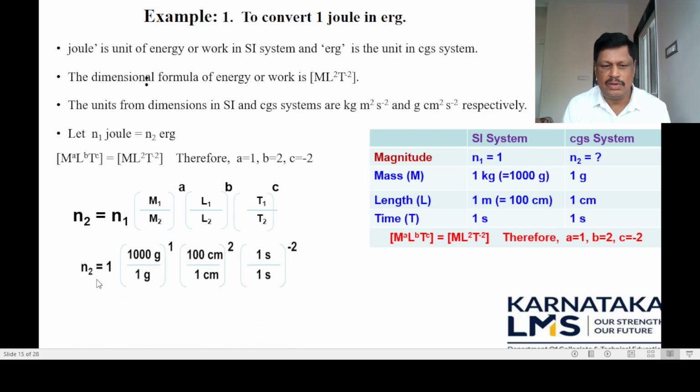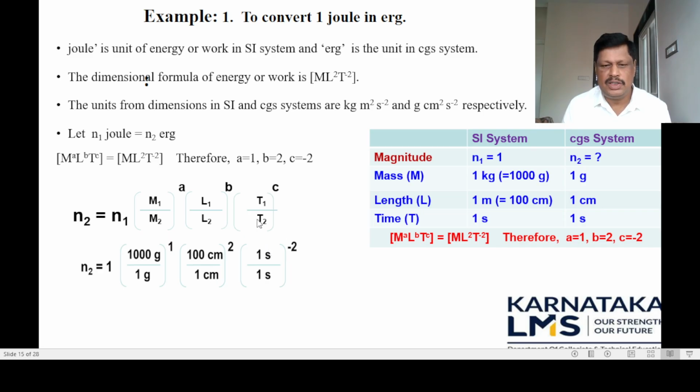So N2 is equal to N1, which is 1 here, and M1. The mass in kg in SI system is converted into 1000 gram. So M1 is equal to 1000 gram and M2 is 1 gram. Similarly L1 is 100 centimeter. So 1 meter is converted into 100 centimeter, and L2 is 1.